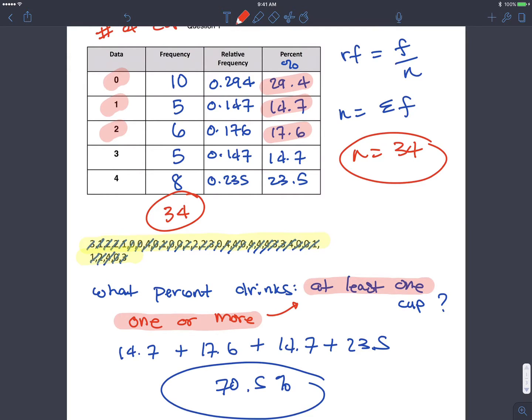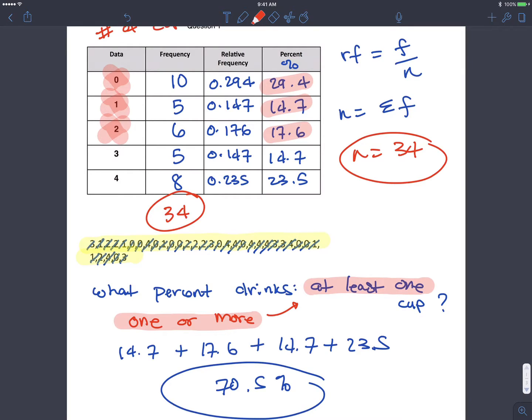If I go back and look at my relative frequency table that we just created, 2 is not more than 2, 1 is not more than 2, and 0 is not more than 2. All of these data values were already considered in the prior question.